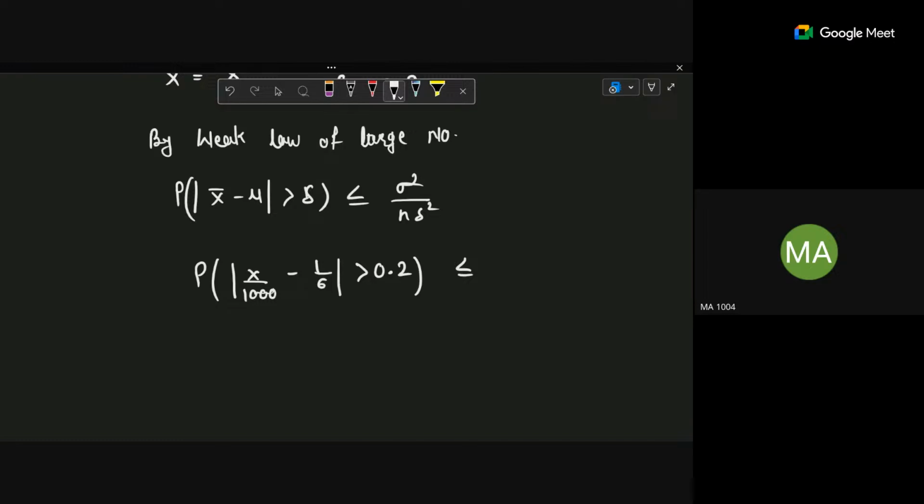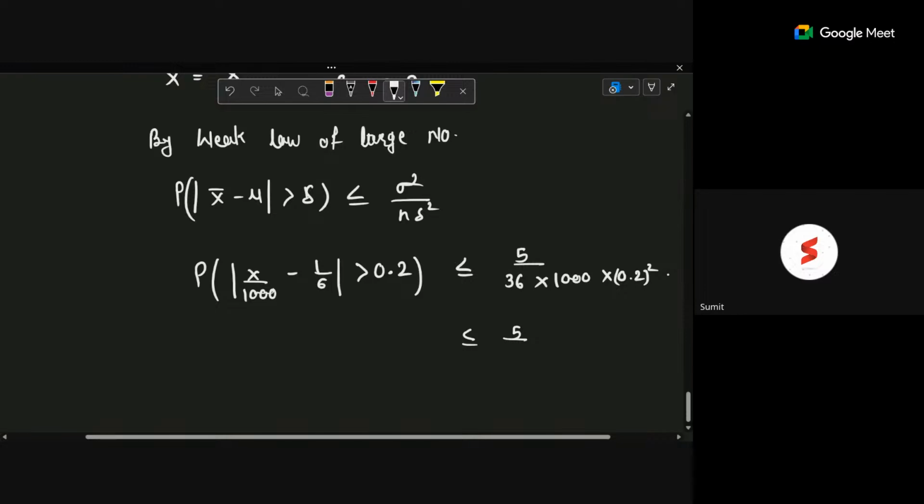Sigma square is 5 by 36, multiplied by n, which is 1000, and delta square is 0.2 square. You just have to solve this inequality, the calculation. So what did you get? 5 by 1440. So this is your upper bound.